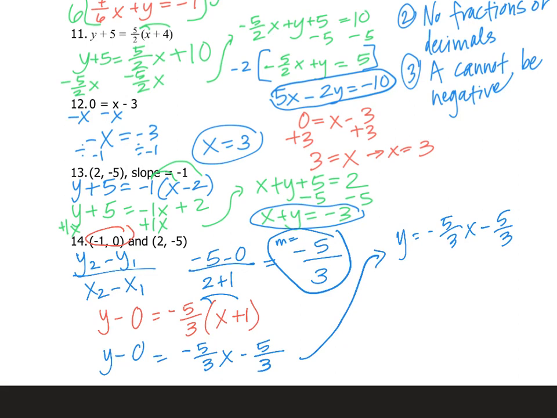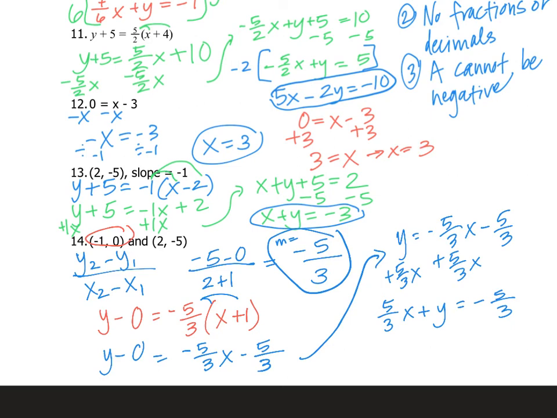Okay, I need to move the x over to the left-hand side. So I'm going to add 5/3 x, add 5/3 x. And when I do that, I get 5/3 x plus y equals negative 5/3. Okay, so I know that I cannot have fractions. I'm not breaking any other rules, but I cannot have fractions.